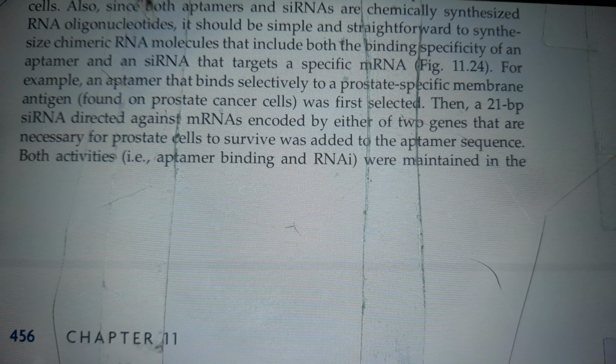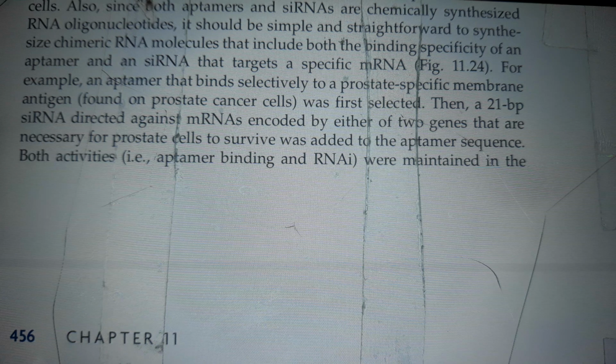For example, an aptamer that binds selectively to a prostate-specific membrane antigen found in prostate cancer cells was first selected. Then a 21 base pair siRNA directed against mRNA encoded by either of two genes that are necessary for prostate cells to survive was added to the aptamer sequence.